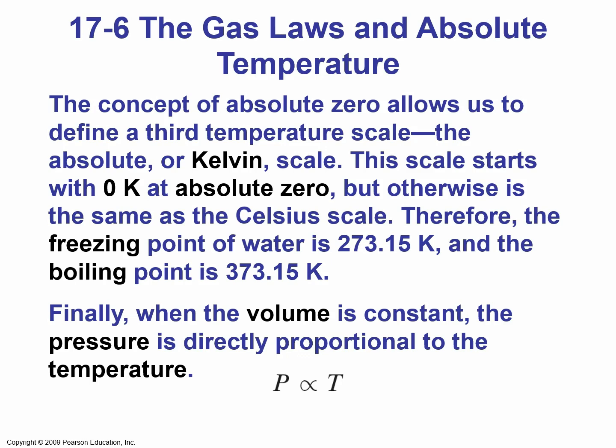This scale starts with 0 Kelvin at absolute zero, but otherwise is the same as the Celsius scale. Therefore, the freezing point of water is 273.15 Kelvin, and the boiling point is 373.15 Kelvin. Finally, when the volume is constant, the pressure is directly proportional to the temperature.